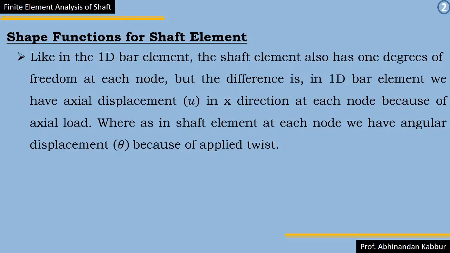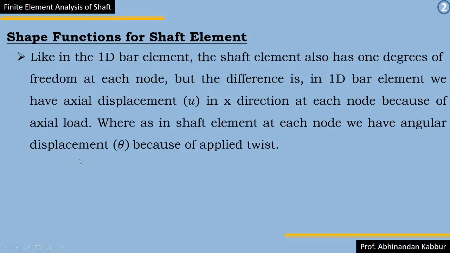Whereas shafts are subjected to a twisting moment, and because of the twisting moment we get an angular displacement. That is the difference between the bar element and the shaft element, where both have 1 degree of freedom at each node, but in the bar it is an axial displacement, and in the shaft it is an angular displacement.